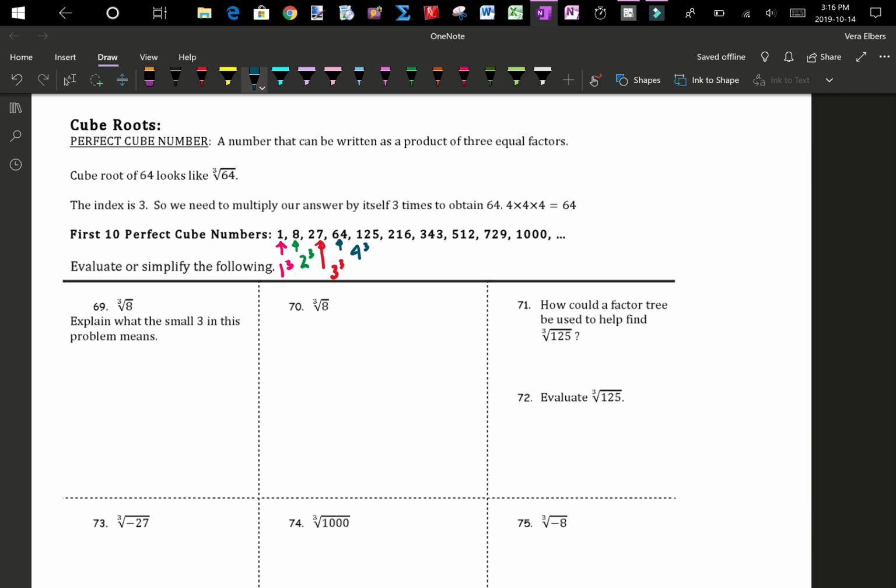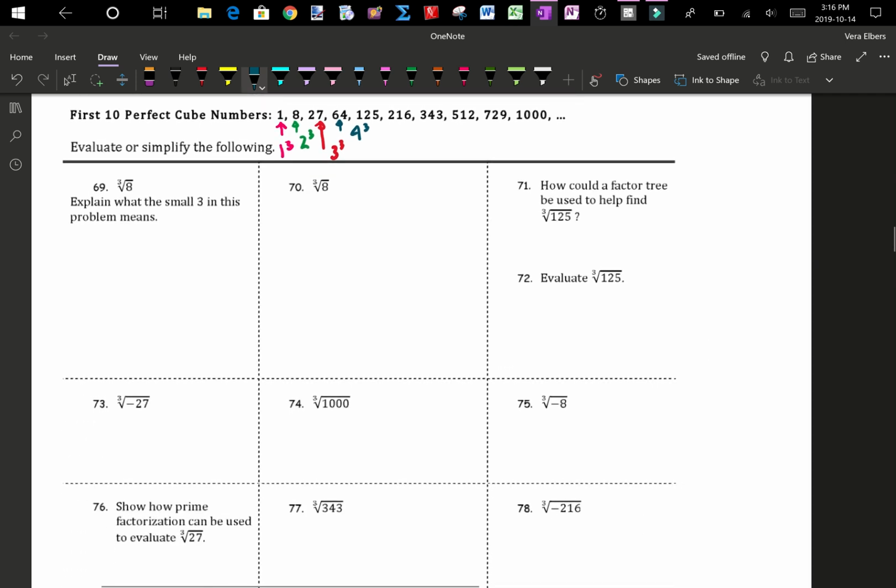Okay, all right, so let's take a look at number 71. How could a factor tree be used to help find the cube root of 125? Let's figure out the prime factorization of 125.